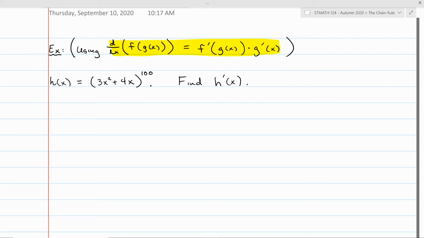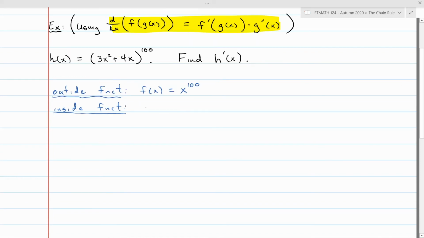All right, so we got this function h of x is the quantity 3x squared plus 4x to the 100th power, and we want to find the derivative, h prime of x. Well, before we start calculating the derivative, let's identify what's our outside function. The outside function is raising something to the 100th power, so we could express that as f of x equals x to the 100th.